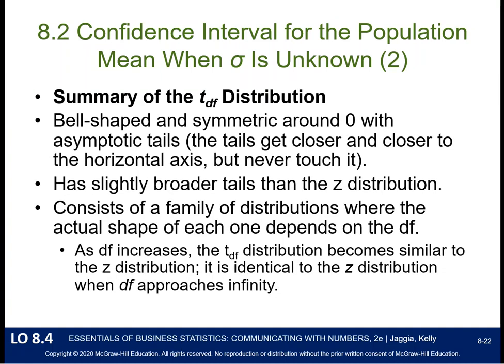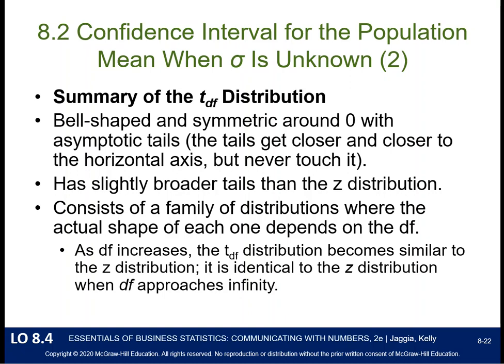Remember our t-distribution, t with subscript df for the degrees of freedom, is still bell-shaped. It's still symmetric around 0. It still has those asymptotic tails, which means they get really, really close to 0, but they don't actually touch 0.